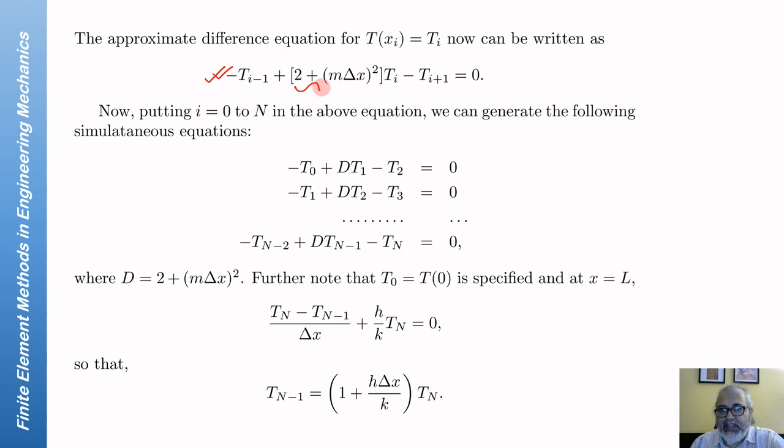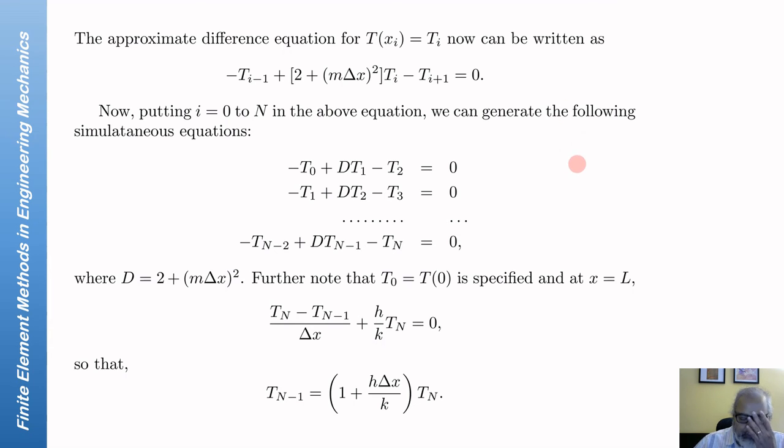Then this quantity, I give it a name because this is a constant for every I, I call it d. So this would be dt1 minus t2. Similarly, for 2, this would be dt2, this would be minus t1, and this would be minus t3. It will go on for n minus 1, this would be tn, this would be tn minus 2, and this is the system of equations that I will have.